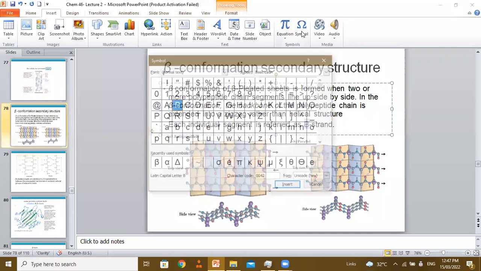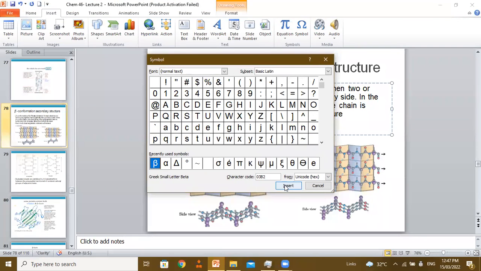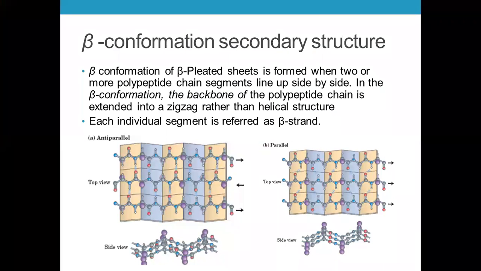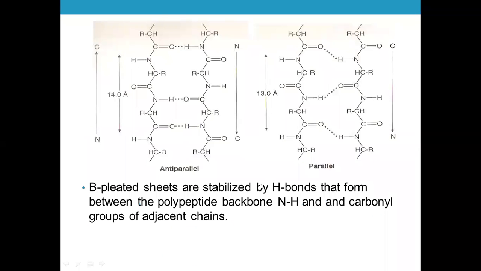Those forces of interaction are also hydrogen bonds. Each individual segment of the sheet is called a beta strand. So beta sheets are stabilized, as I have mentioned, by hydrogen bonds.